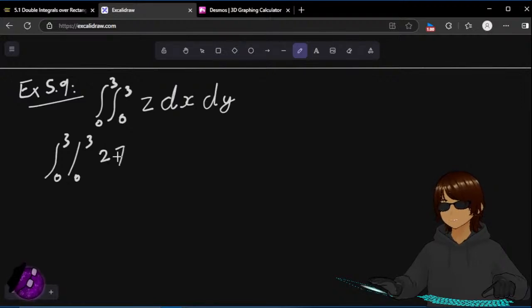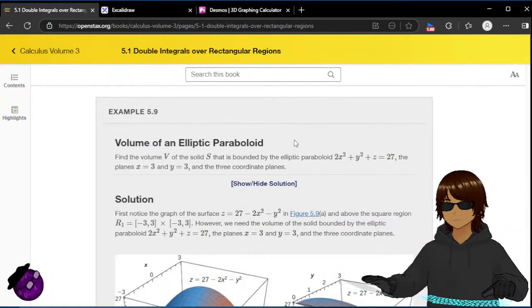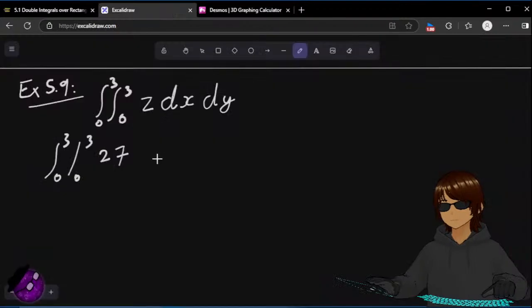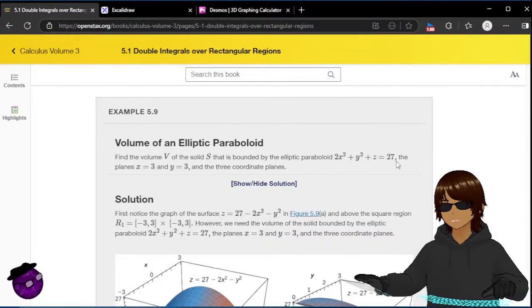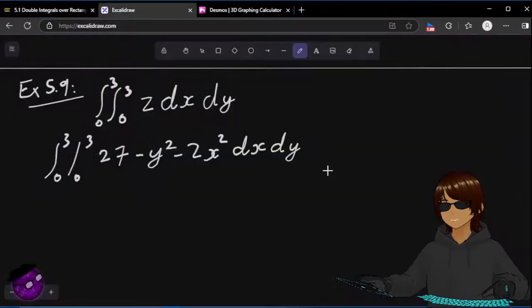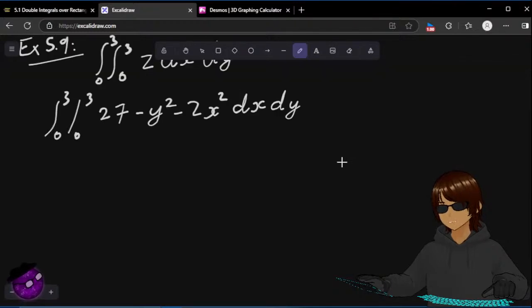So 27 minus y squared minus 2x squared dx dy. 27 minus y squared minus 2x squared dx dy.